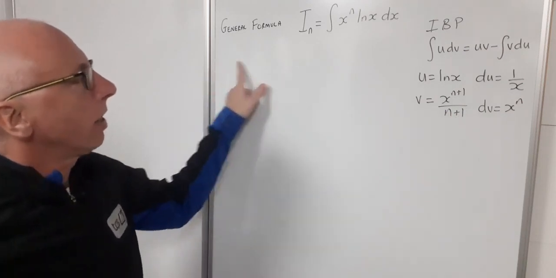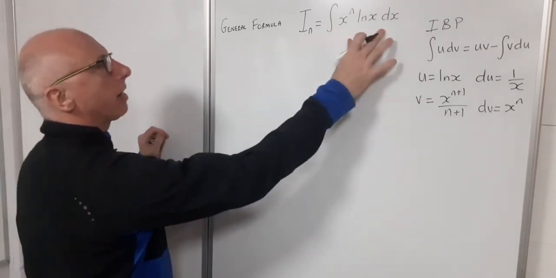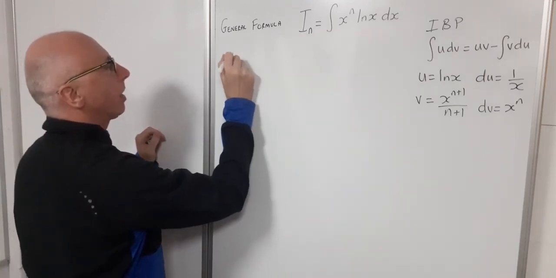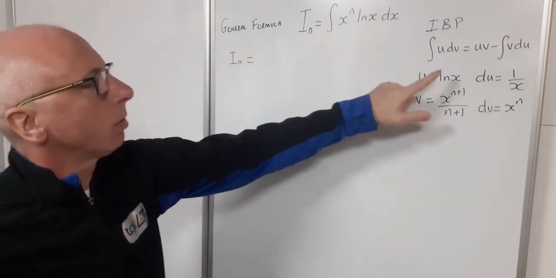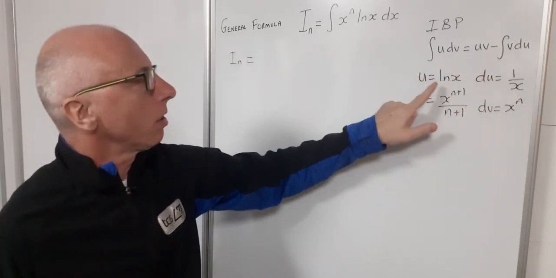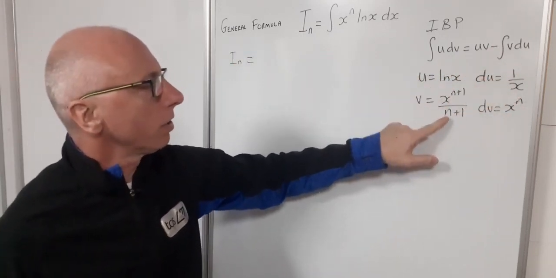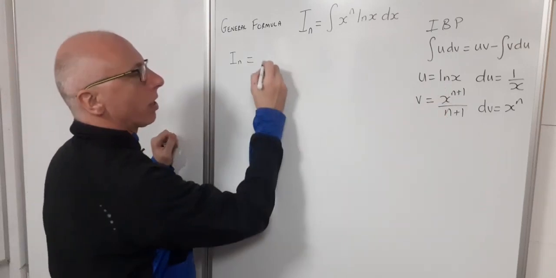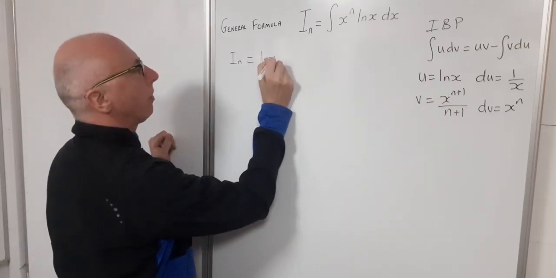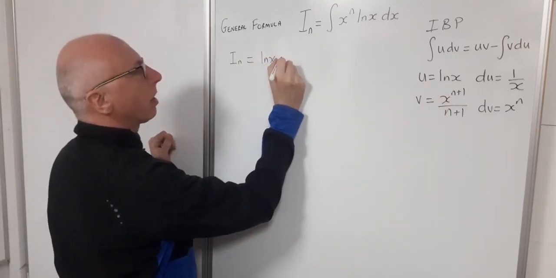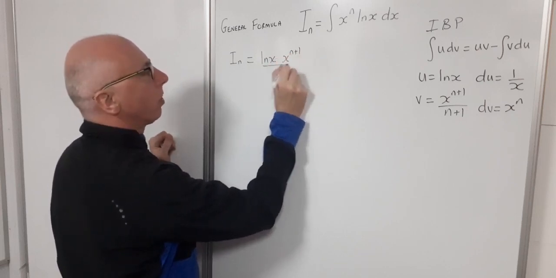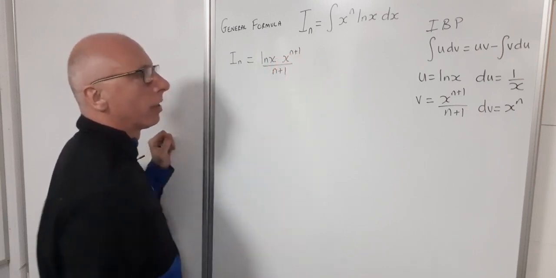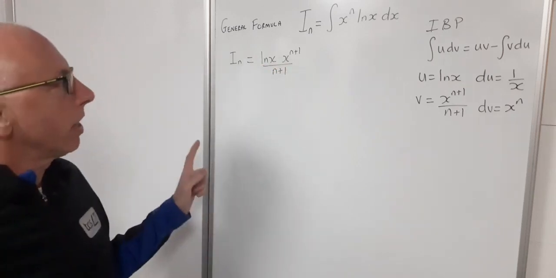So, okay, let's start again here. So I subscript n is that. So this then equals this and this. So u times v, so this one times this one. So I've got log of x times x to the n plus 1 all over n plus 1. That's part of the answer, so that's ready to go.